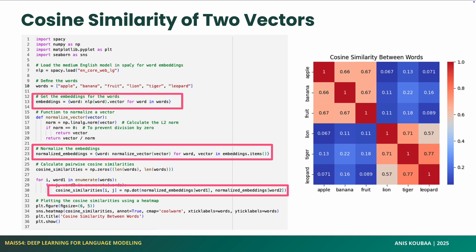And apple and bananas 0.66 makes sense. Fruit and apple 0.67 makes sense.